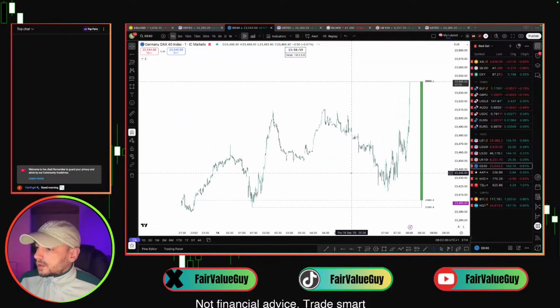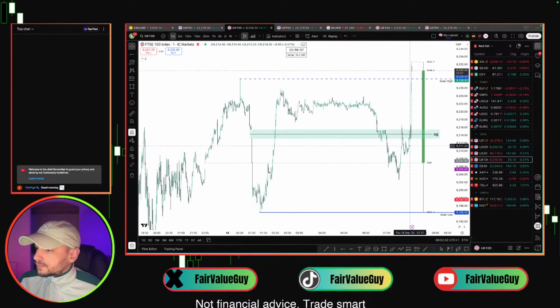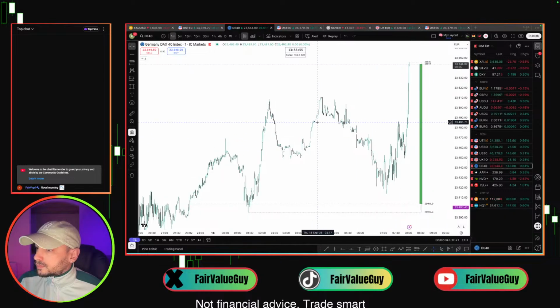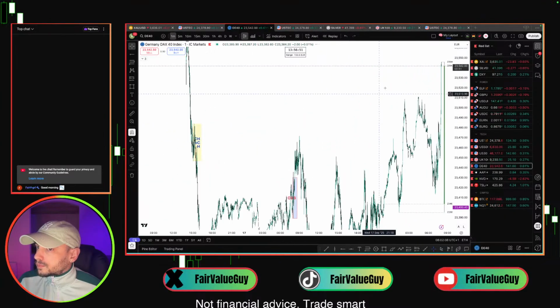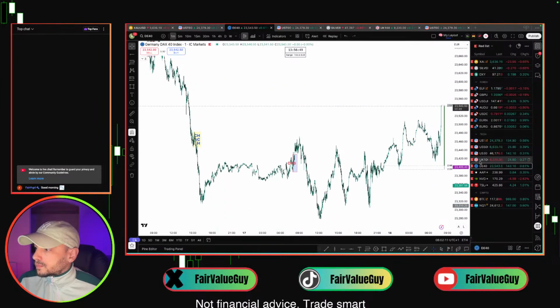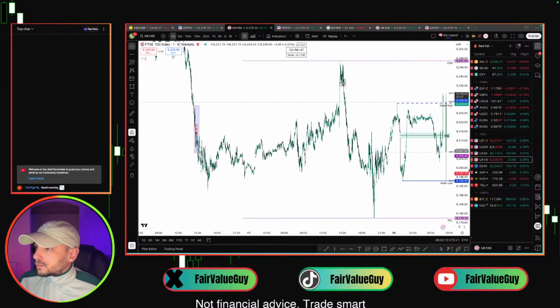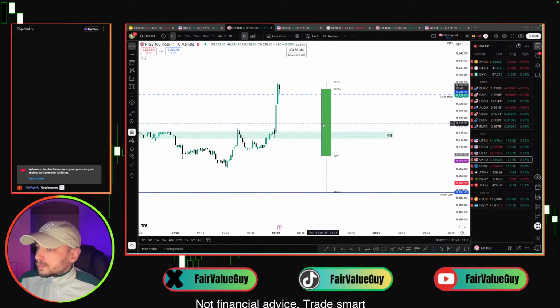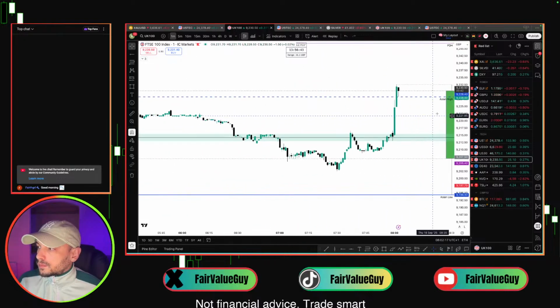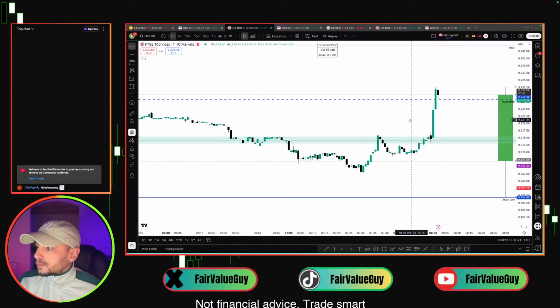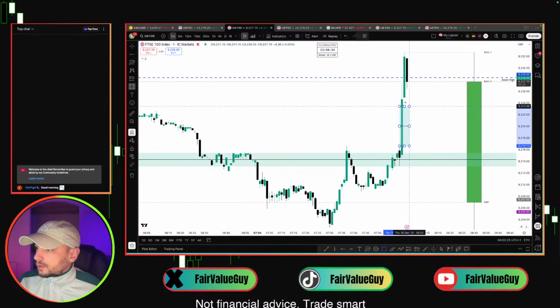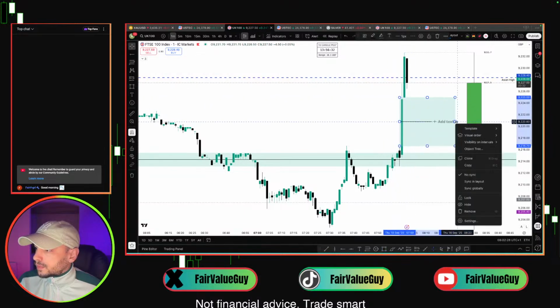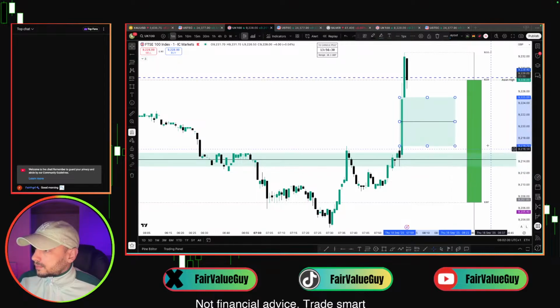Okay, DAX is making the same move. We created the first presented fair value gap with the first candle.